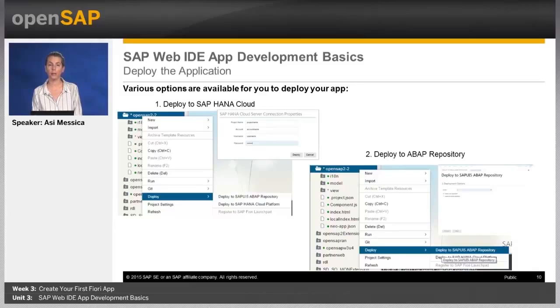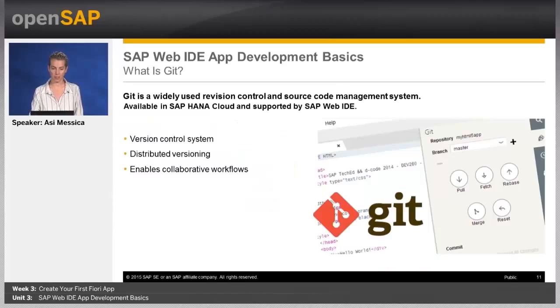One is to deploy to SAP HANA Cloud Platform, and then from there you can also register to the Fiori Launchpad in the cloud, which is now available in the productive environment, but not yet in the free trial environment. This is also something that is planned. And you can also deploy the application from the ABAP repository. In this course, we will focus on these two options. The other options will probably be covered in other courses.